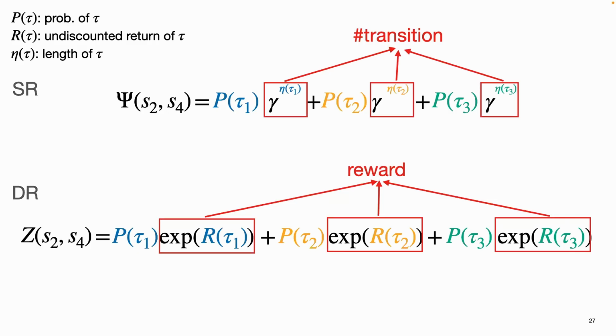R of tau is the sum of rewards along a trajectory. If you have a constant reward, this basically counts the number of steps in the trajectory. If we break the sum, the exponential of a sum is just the multiplication of the exponentials of the individual terms.